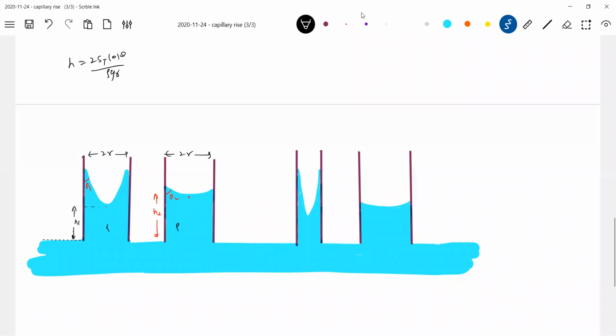So what is the equation I can write now? H1 by cos theta 1 equal to H2 by cos theta 2. Now, if theta 2 is greater than theta 1, the cos value decreases. So what do you expect now?